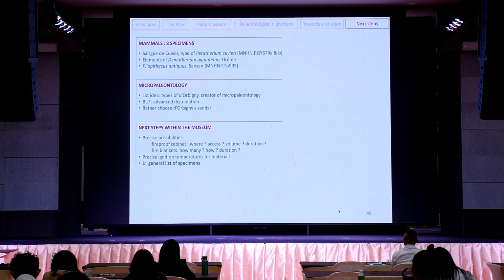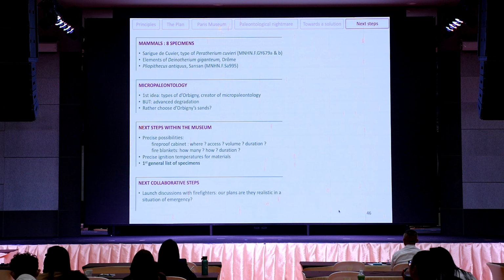And once we reach responses for all these questions, we may be able to produce the first general list of specimens. Then we have to discuss with people outside of our group. We have to discuss with the firefighters first to show them our plan.